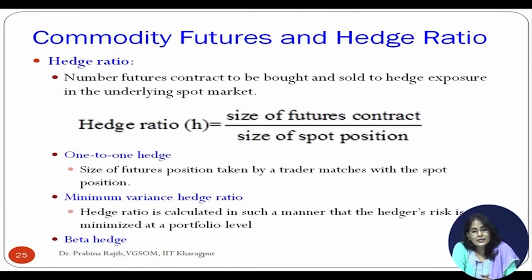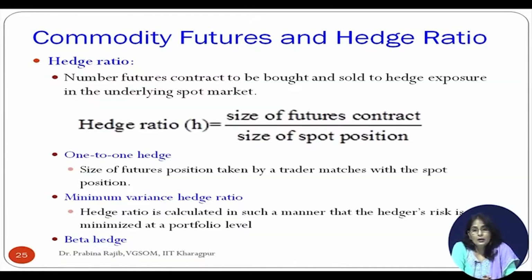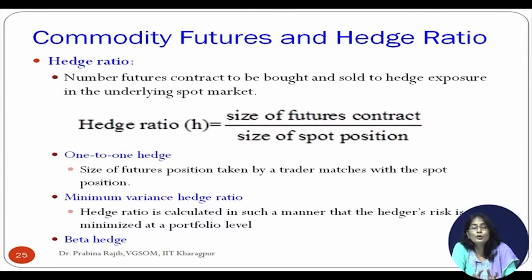Now many times, this is not an optimal result for the hedger. When I am using the word optimality, it can be defined. When we are talking about the optimality of the portfolio risk, a hedger who is, suppose, short on an asset and goes for a futures contract.